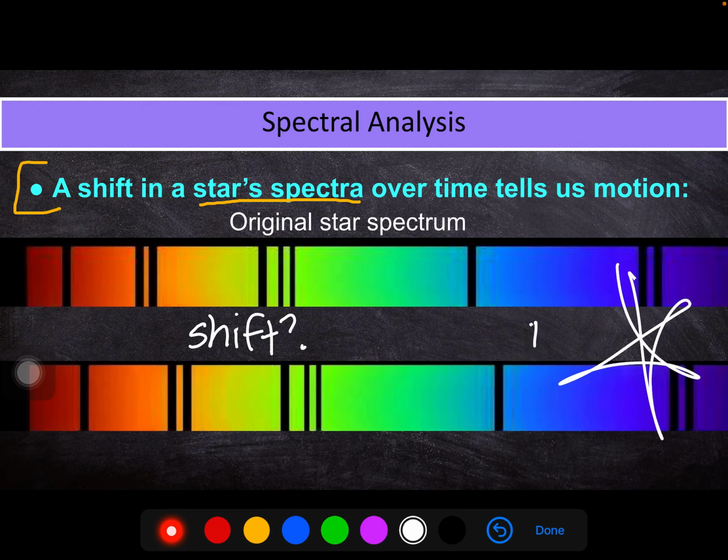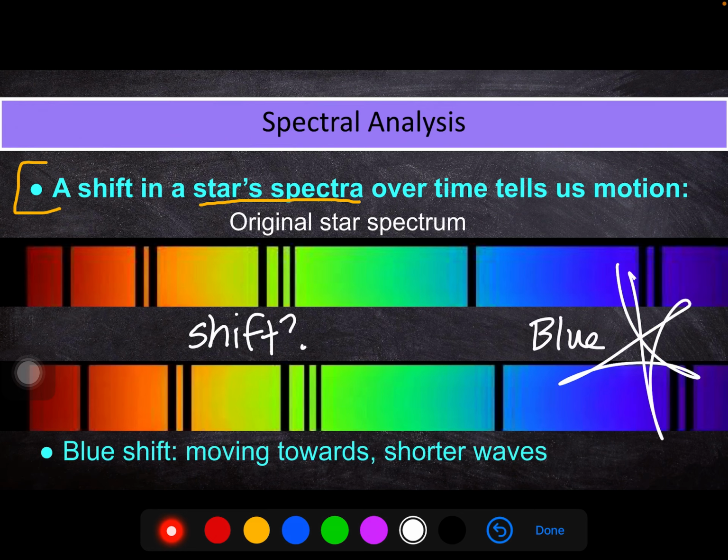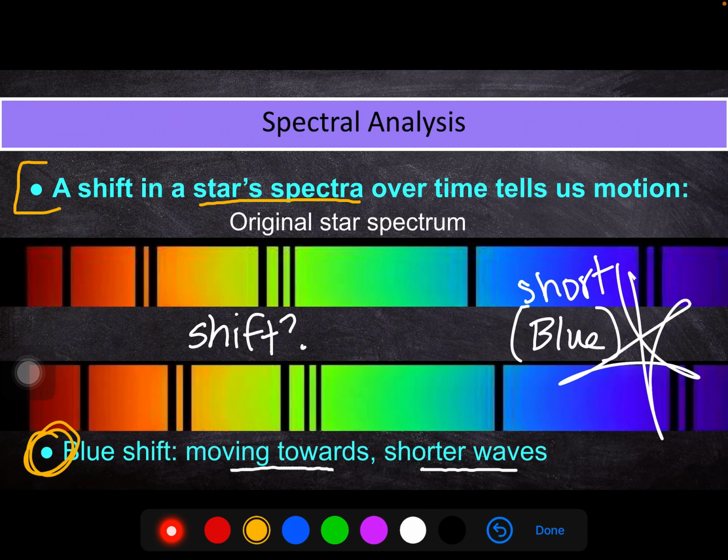This end, being the blue side, tells me that the star is moving towards me, being the Earth, me being the Milky Way galaxy, because its waves are appearing shorter over time, right? Blue is our shorter end of the spectrum. So again, another bullet point here for you to include in your additional information.